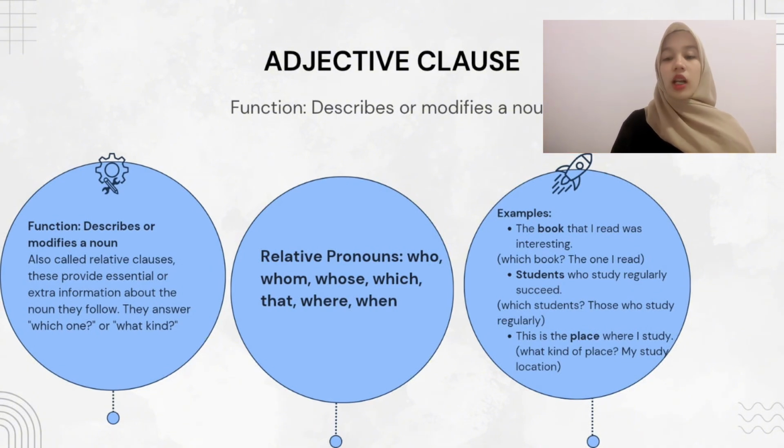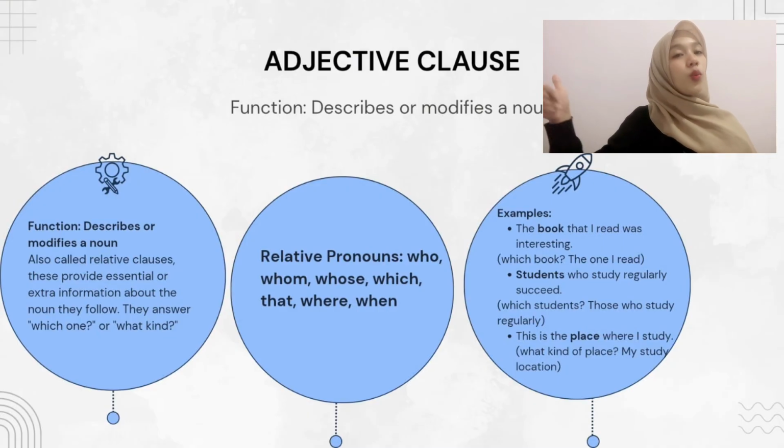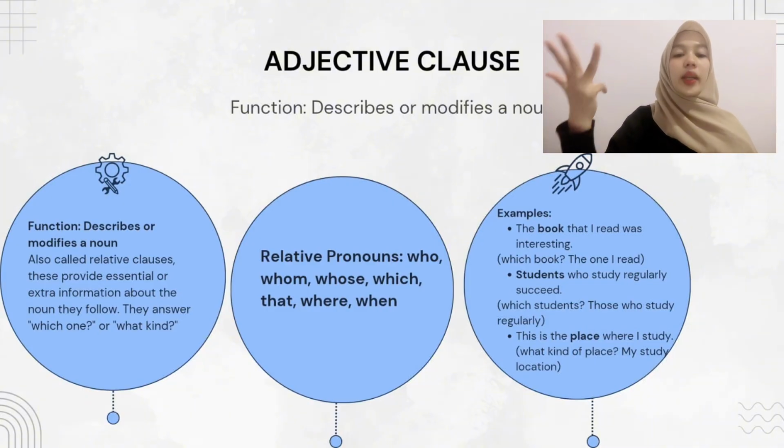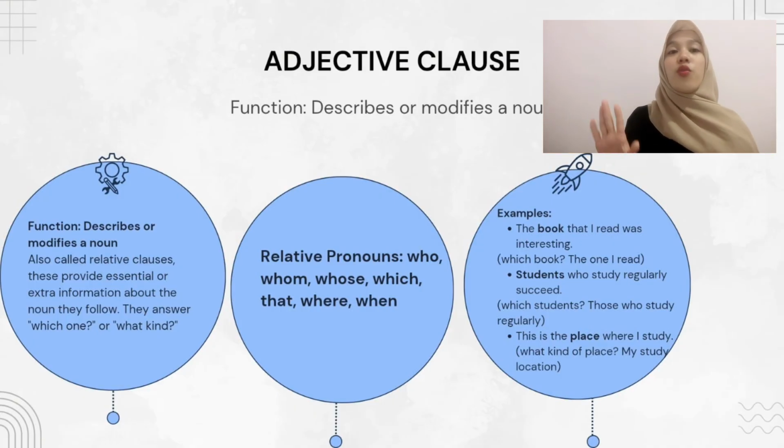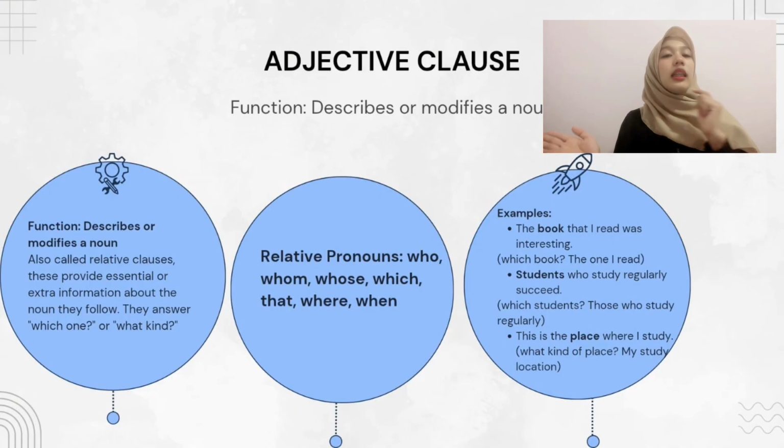They answer which one or what kind. The relative pronouns are such as who, whom, whose, which, that, where, and when. For example, the book that I read was interesting.